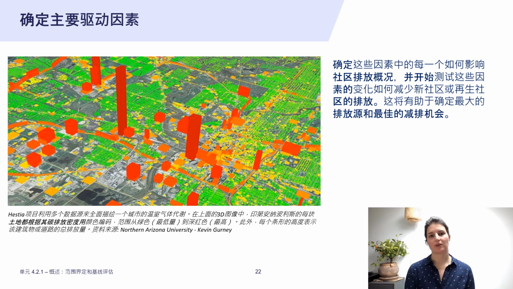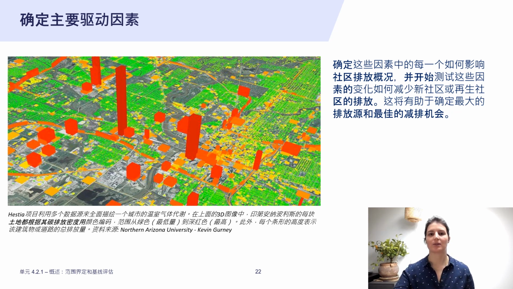Identifying how each factor contributes to the neighborhood emissions profile allows beginning to test how changes to these factors reduce emissions. For example, the Estia project draws on multiple data sources to paint a comprehensive picture of a city's greenhouse gas metabolism.